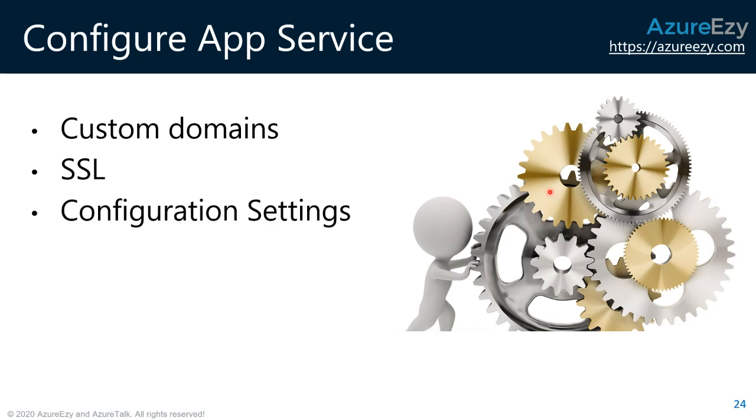Configuration setting is another setting which is available. For example, when you deploy a .NET application, you might want to define some of the app settings such as connection string, some application settings which you cannot put in your web.config file.